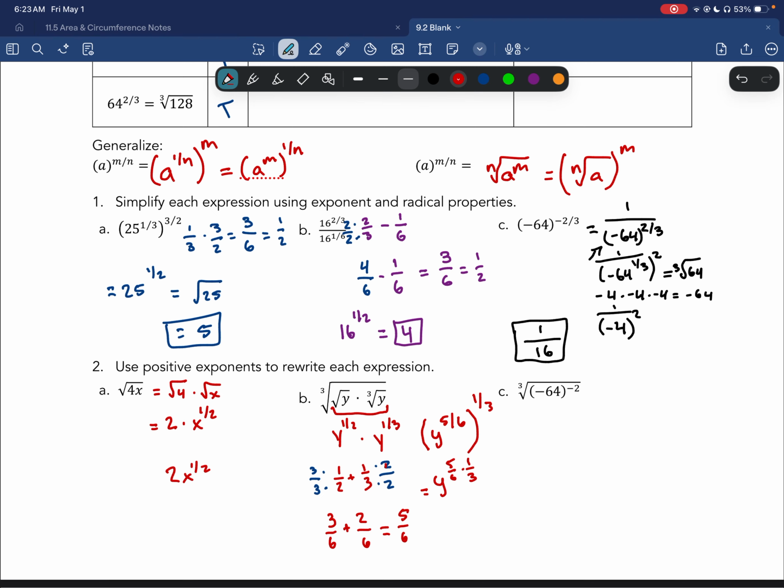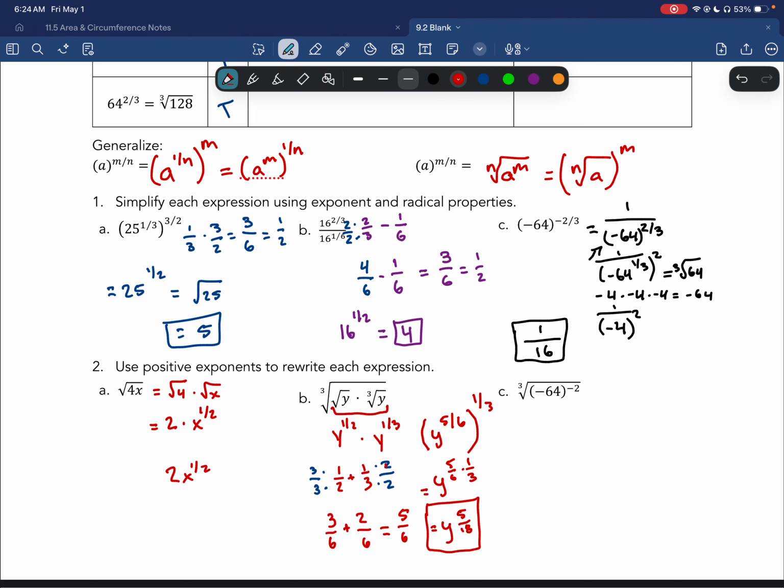Or if I keep simplifying that, it's y to the power of 5 times 1, which is 5, and 6 times 3, which is 18. So it's y to the power of 5/18 is my answer.